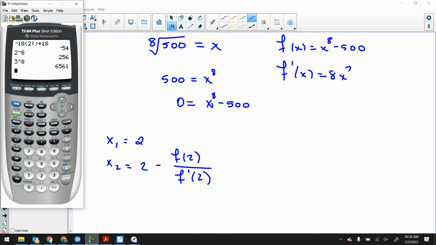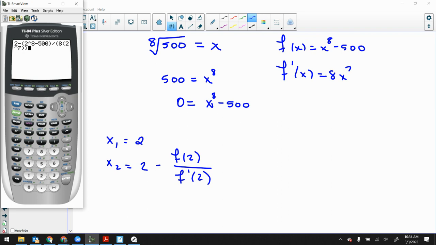Okay, so here let's run the values, and I'm going to be particular about how I plug this in. 2 minus, I'm going to put my whole numerator in parentheses, 2 to the 8th minus 500, all divided by, in parentheses, f prime, 8 times 2 to the 7th.